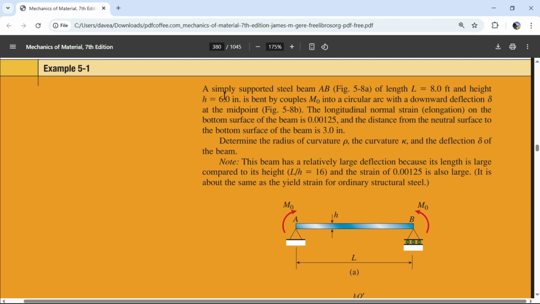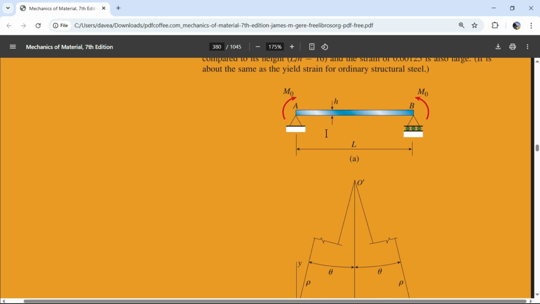I've not even seen this one, but the whole goal is to read textbooks and see if we can follow along. All right, a simply supported steel beam from A to B, and this is figure 5.8a. Sometimes they'll reference a bunch of different figures, and in this one we have 5.8a and 5.8b.